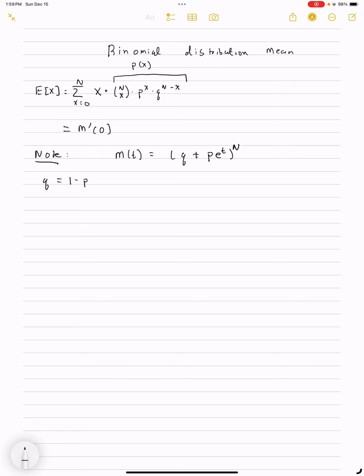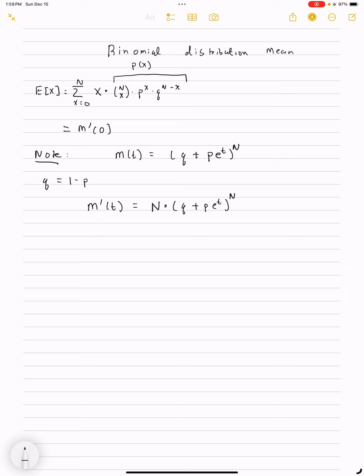So if we want to differentiate this, we're going to have to use the chain rule. We're going to take the exponent and bring it down, so it'll be n times what's inside, so q plus p e to the t.